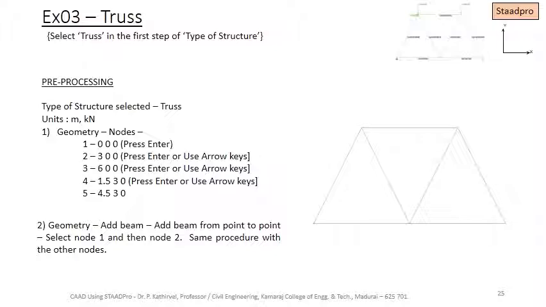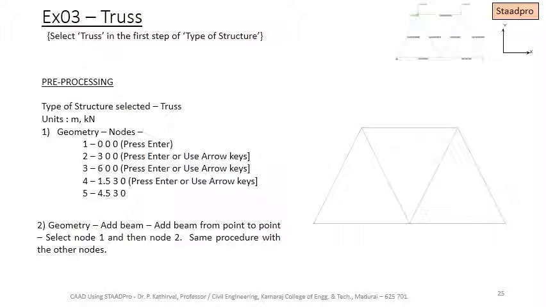So usually trusses are subjected to nodal loads and they cannot take any bending moment. They take only axial force, whether either tension or compression. So initially the truss model has to be given as input in the pre-processing stage.